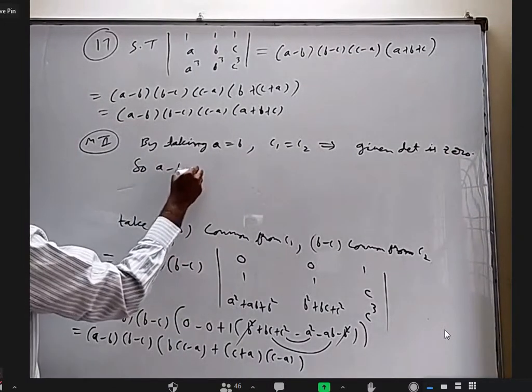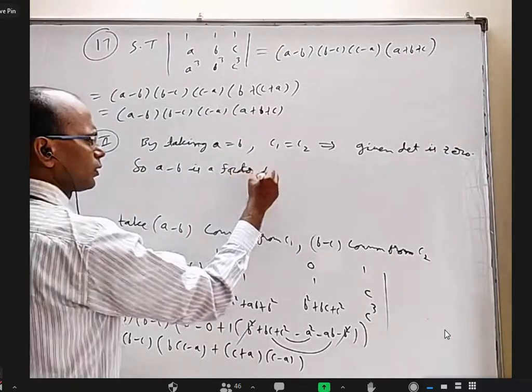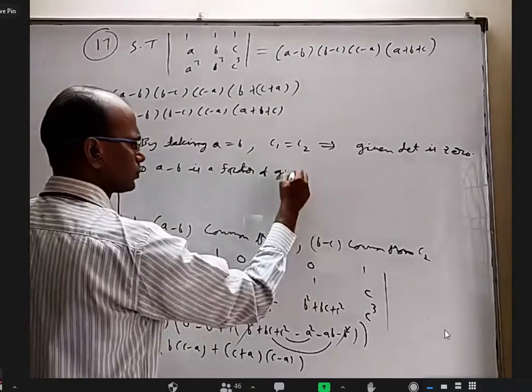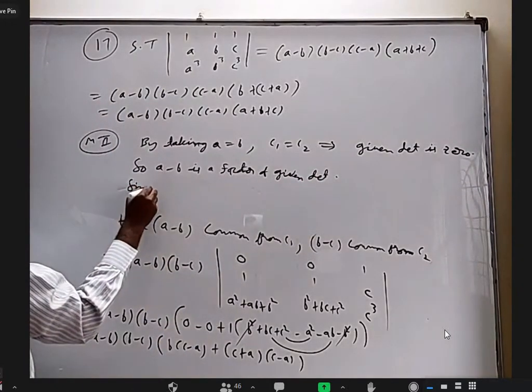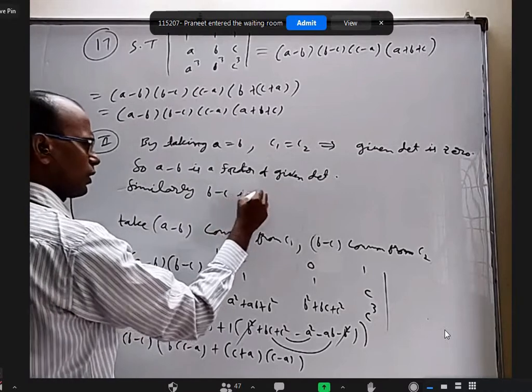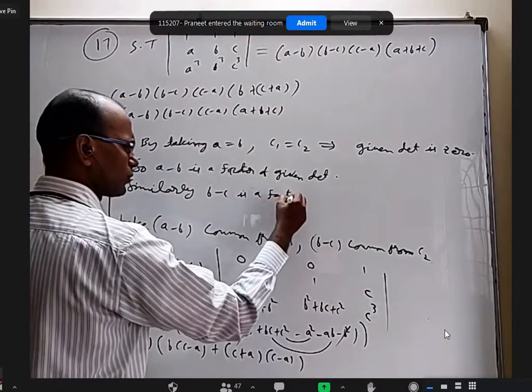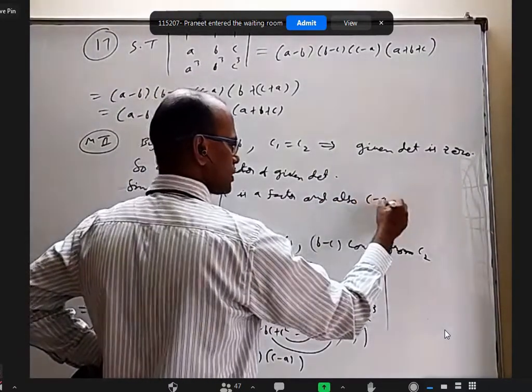So A minus B is a factor of the given determinant. Similarly, B minus C is a factor, and also C minus A is a factor.